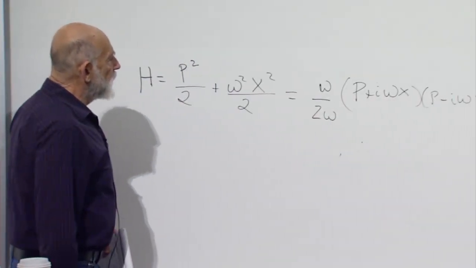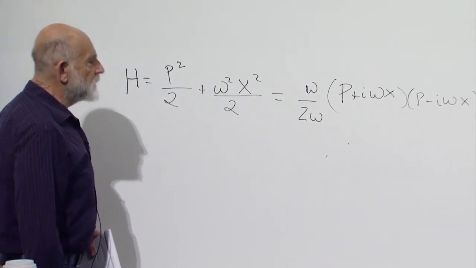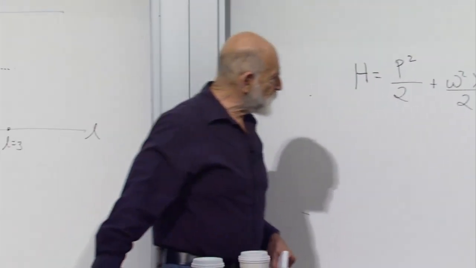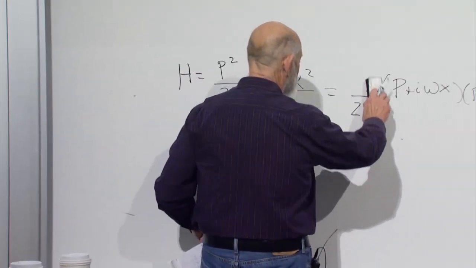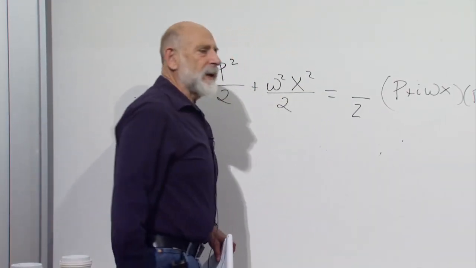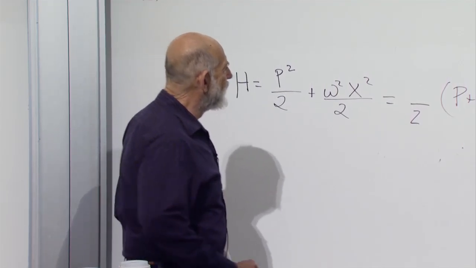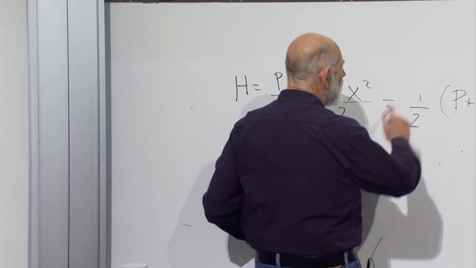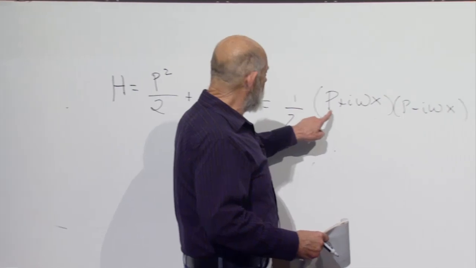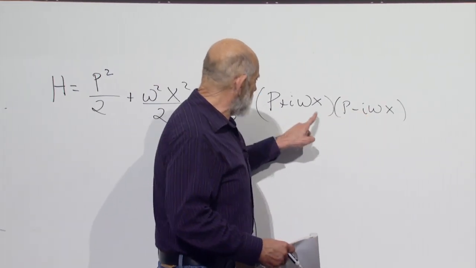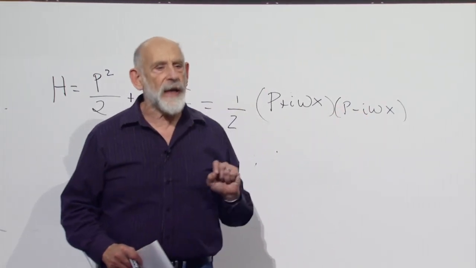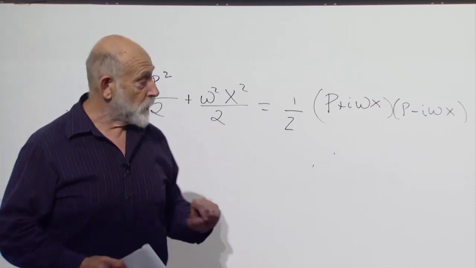Okay. Now, let me not put those omegas. I'll do that later. Is this right quantum mechanically? Correction. No, because there's a term p times x and x times p, but they don't cancel because x and p don't commute.